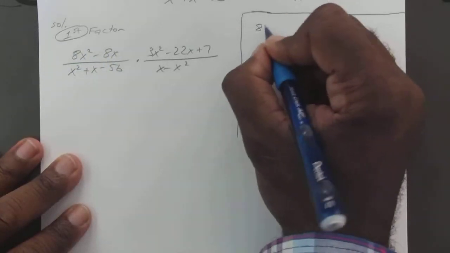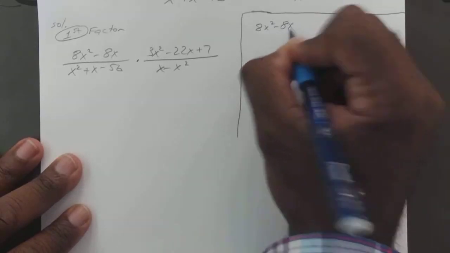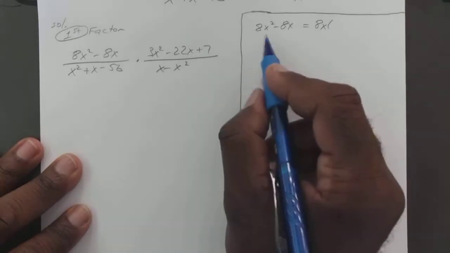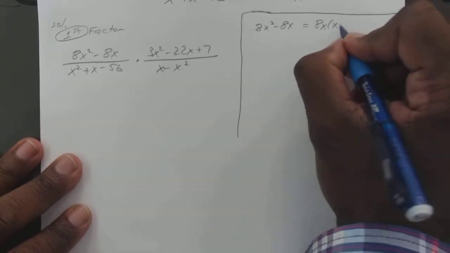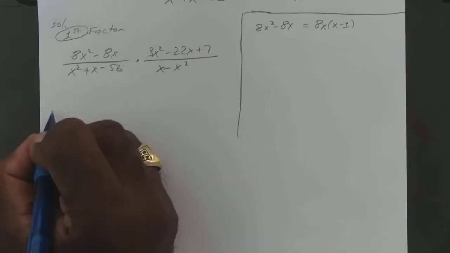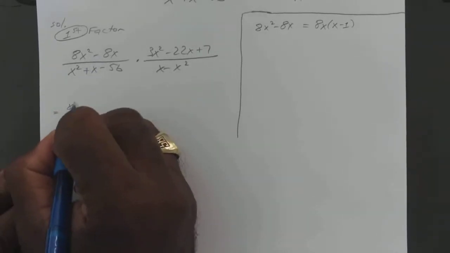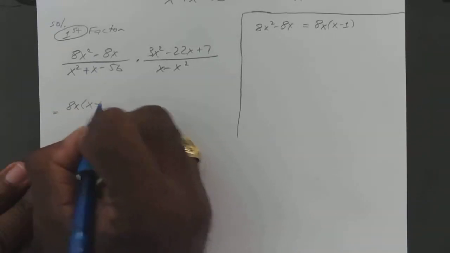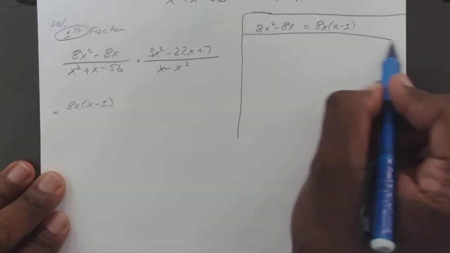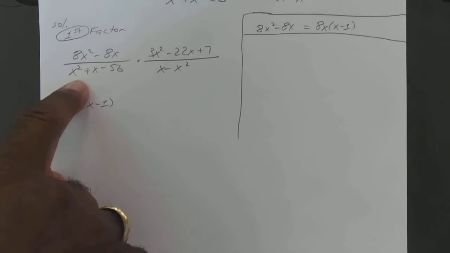Okay, so if we just factor an 8x out of this one, 8x squared minus 8x, we end up with 8x times x minus 1. Okay, so we can just rewrite that one as 8x times x minus 1.